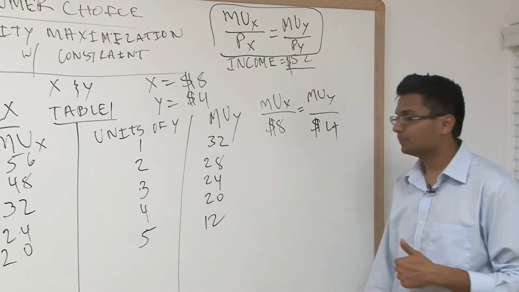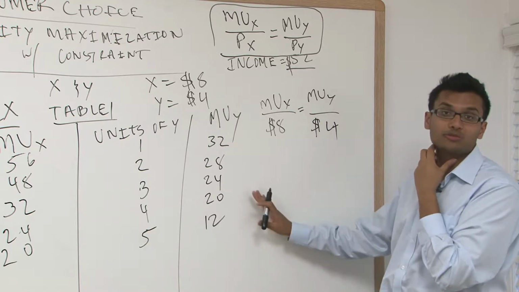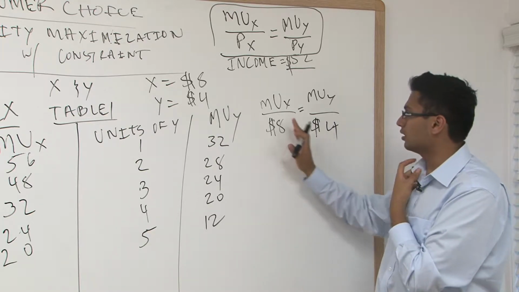That being said, let's try to make sense of this formula and rearrange it. I'm going to multiply by the 4 on each side.